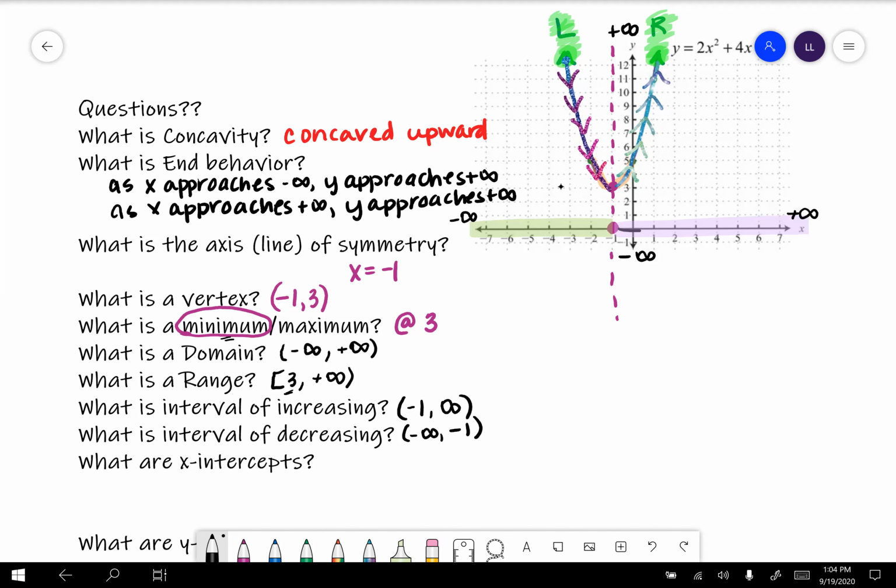So let's start at our leftmost point, and our graph is decreasing on the left-hand side. So from negative infinity to -1, our graph is decreasing. But on the interval from -1 to positive infinity, our graph is increasing.